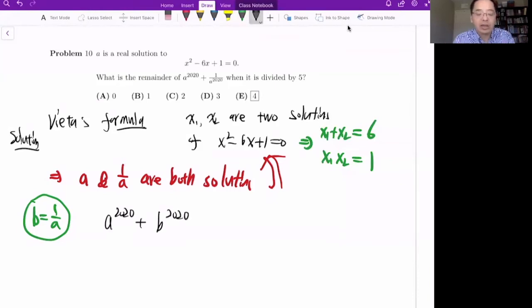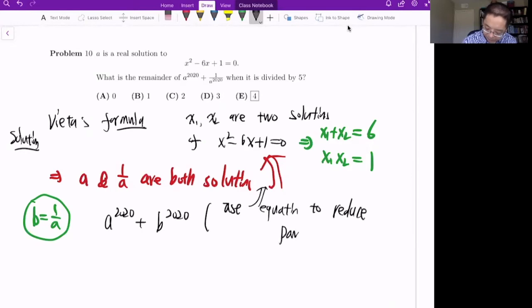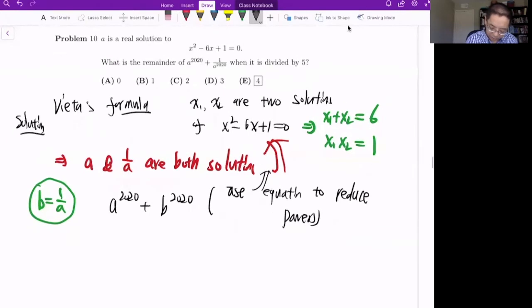2020 is a large power. What we need to do is use the equation to reduce the power. That's the trick. Because we know A squared minus 6A plus 1 equals 0, this just means A squared equals 6A minus 1.